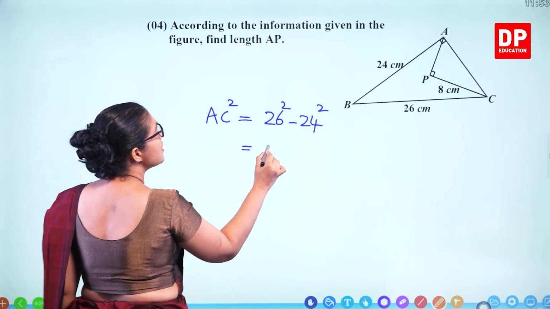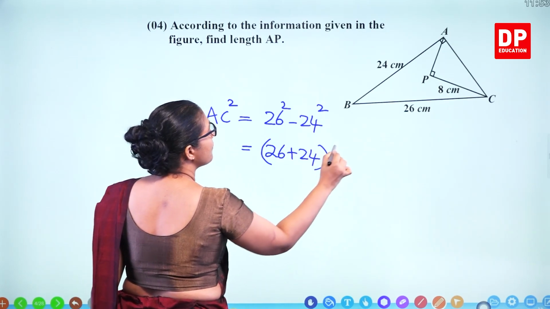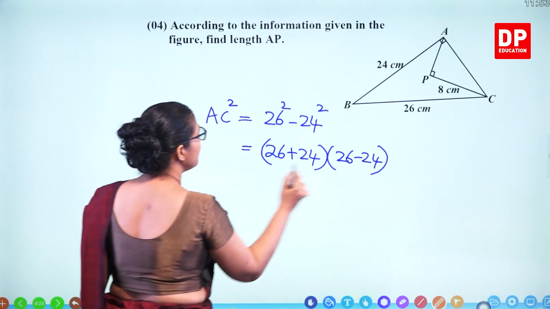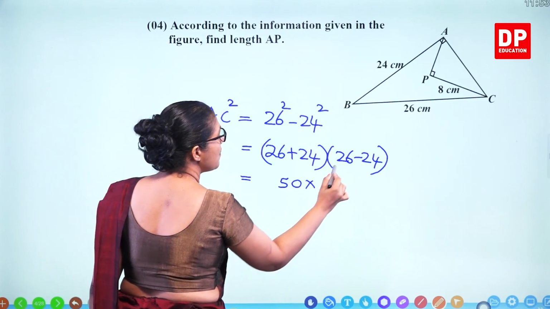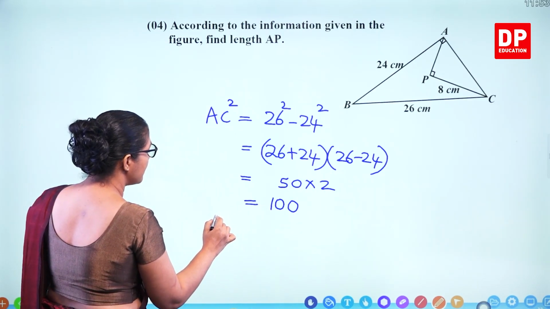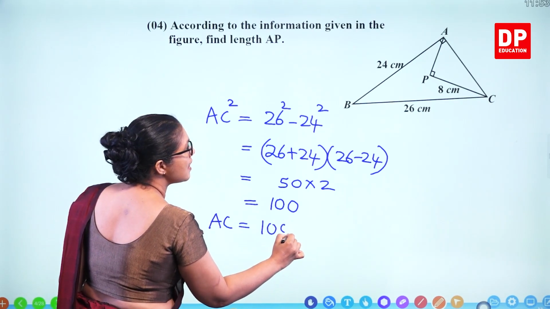You can use the difference between two squares, that's the easiest way. You add and you subtract, so 50 times 2, that's 100. Square root of 100, you get AC equals 10 centimeters.